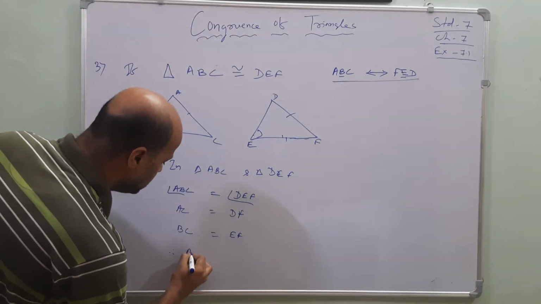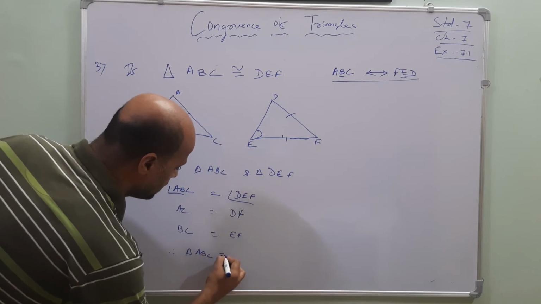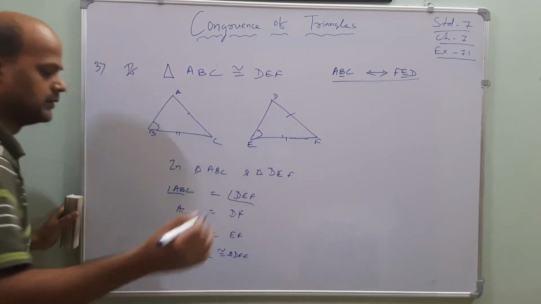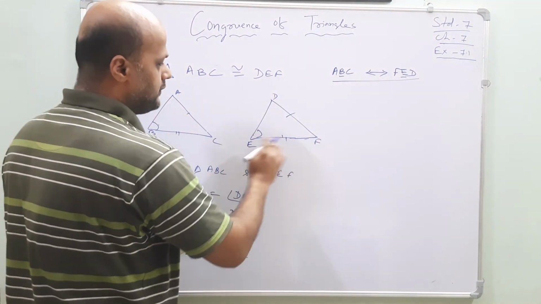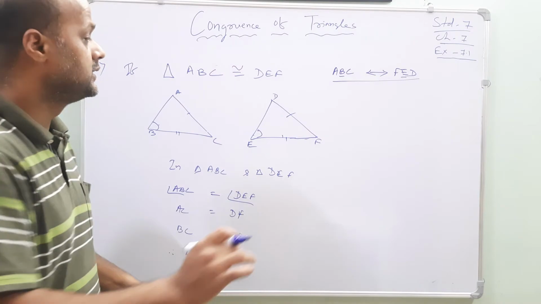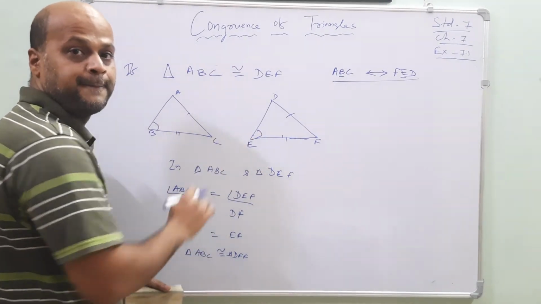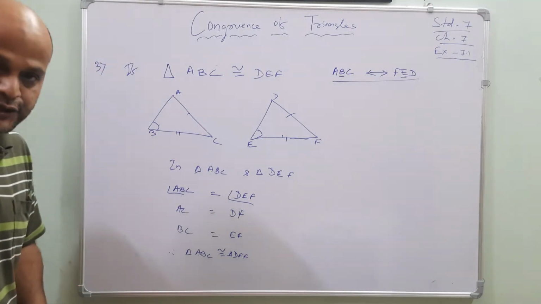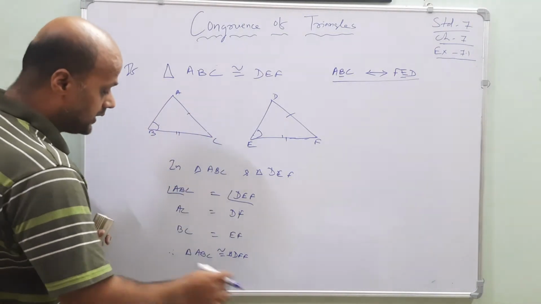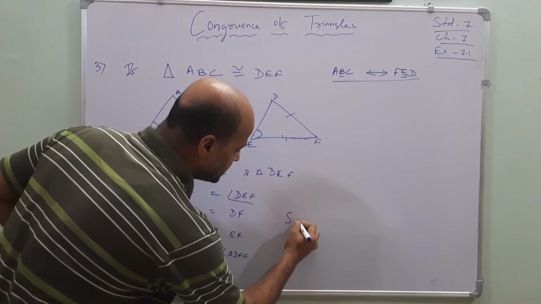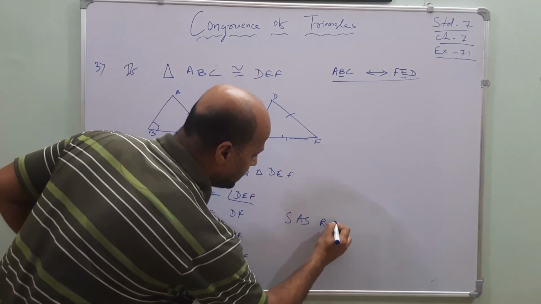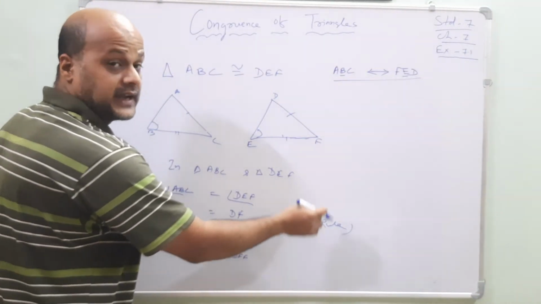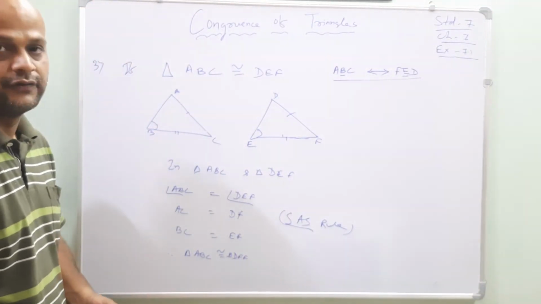Therefore, you can say that triangle ABC is congruent to DEF or FED, whatever it will be, but the angle must be at E. Here two sides and an angle are there. The SAS rule, side angle side, will be applied here for congruence. We will study about the SAS rule.